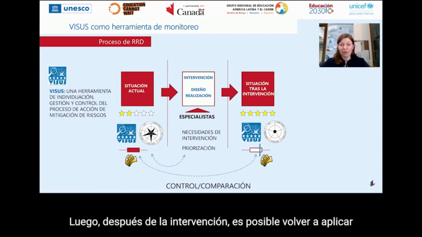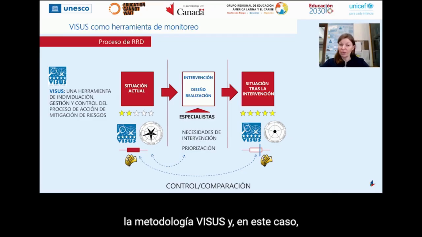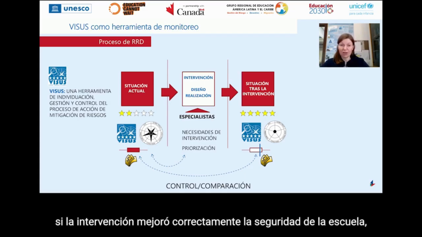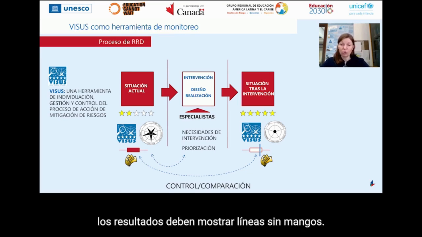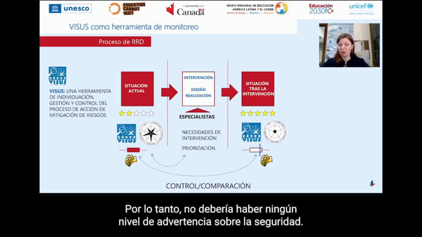Then, after the intervention, it is possible to apply again the VISUS methodology, and in this case, if the intervention correctly improved the safety of the school, the outcomes should show a rose with no needle, so there should be no warning level concerning the safety.